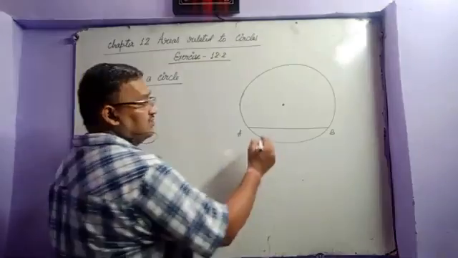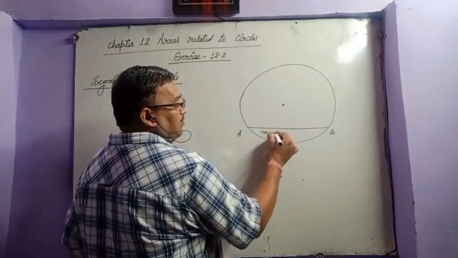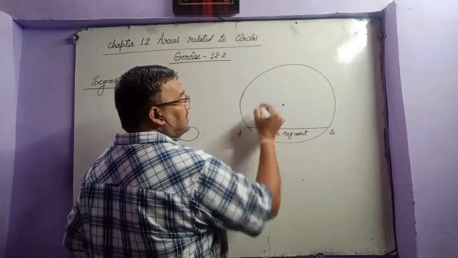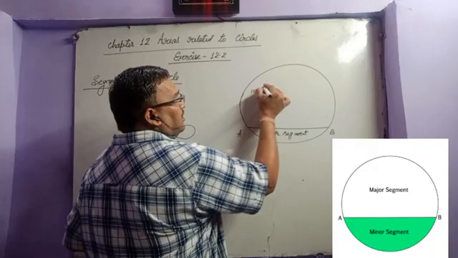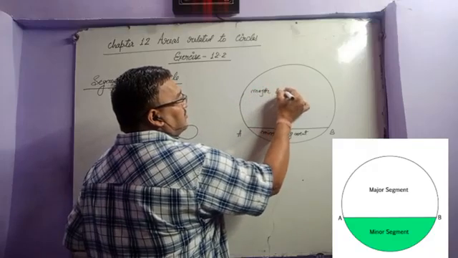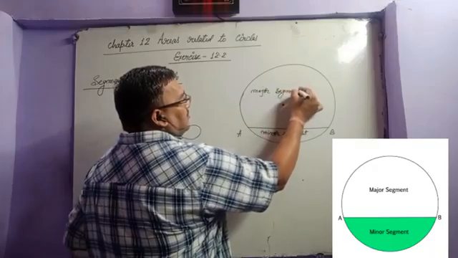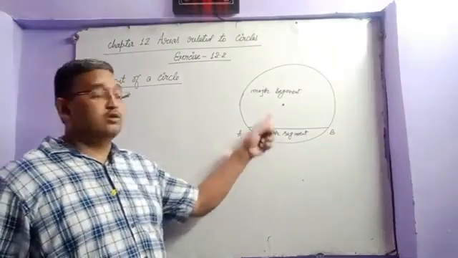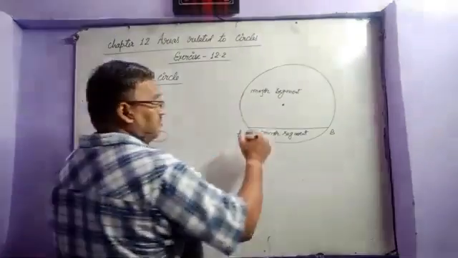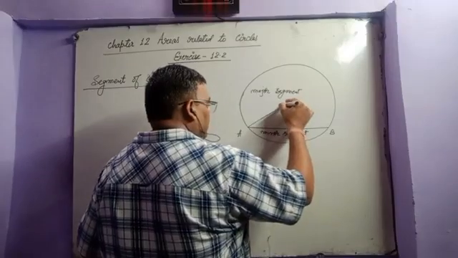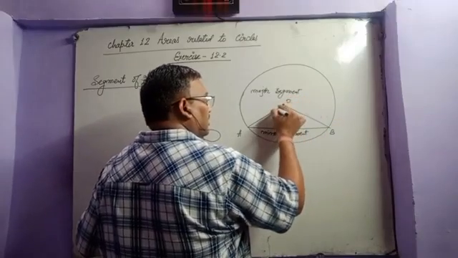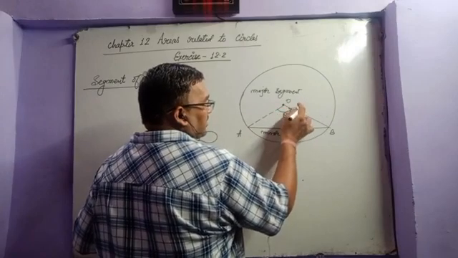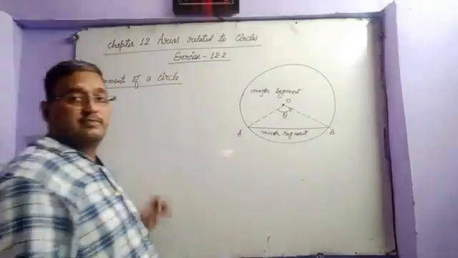So this one is known as the minor segment, and this one is known as the major segment. Now we want to calculate the area of these segments, minor or major. How will we calculate? For that we have to join two radii of this circle, and suppose this makes the angle theta at the center.